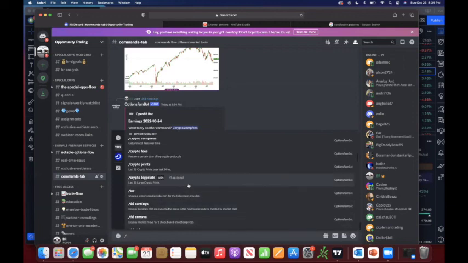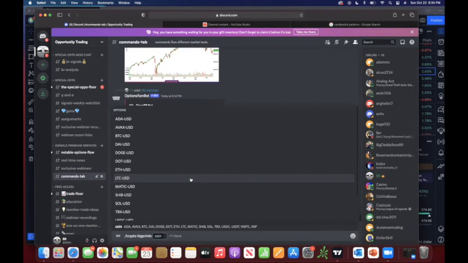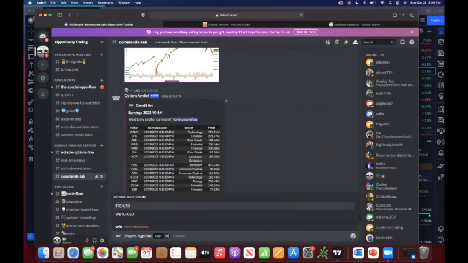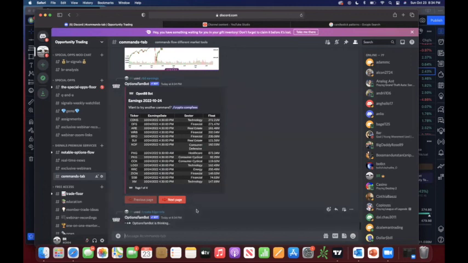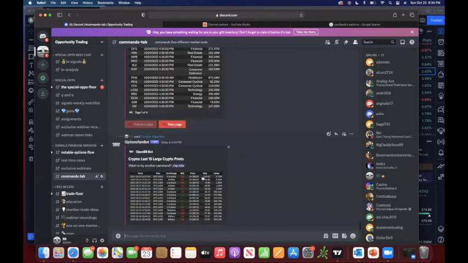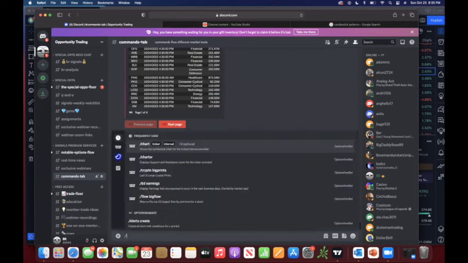Like dark pool prints for even crypto, like, come on. Bitcoin, you want to see what people are purchasing in Bitcoin, it's going to tell you exactly what they are buying. It's going to give you the order flow and exactly how much people are spending on these. Like right here, 4.7 million, 3.3 million, tons of different stuff for you guys to use.